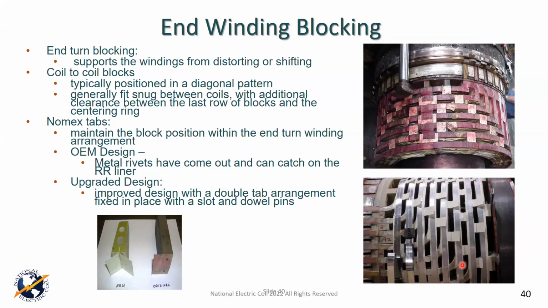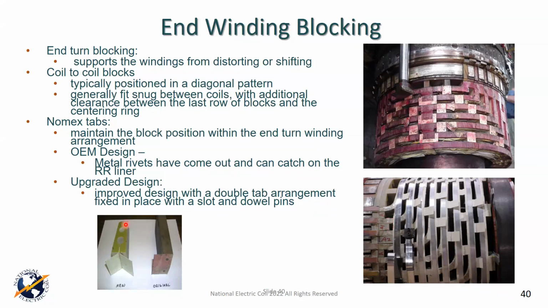And you have blocking that's called coil to coil blocking, and you have what's called end blocking. The coil to coil blocking is usually on the sides. This is the number one coil right here. This is the pole block. It goes on the end of the pole, and it's inside of the number one coil. And then you've got coil to coil blocking as you go. Now, obviously, as you go down that conductor stack, it's tapered.